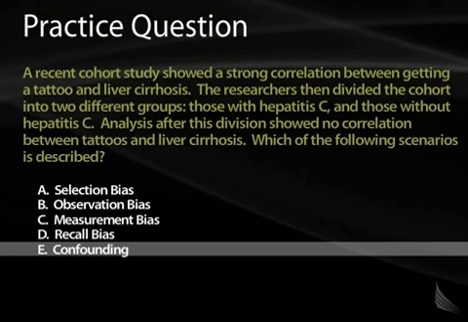This was proven by separating the overall group into two different strata, one with hepatitis C and one without hepatitis C, and then ultimately this correlation disappeared. And the reason is it was the hepatitis C that was driving the formation of liver cirrhosis. So here we have a confounding variable as established or proven by stratification.